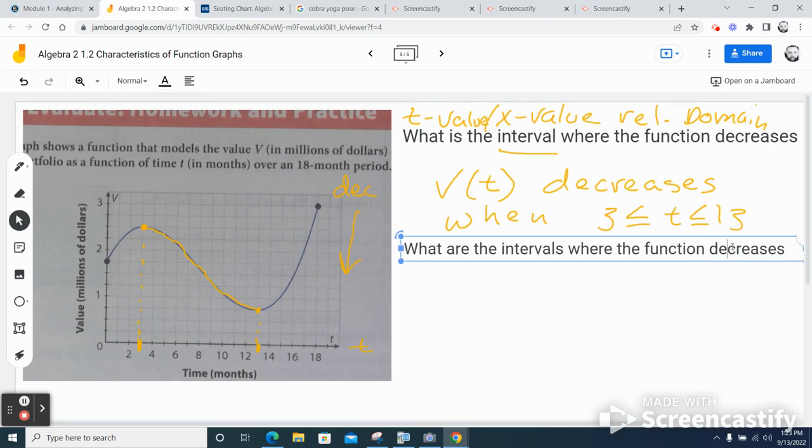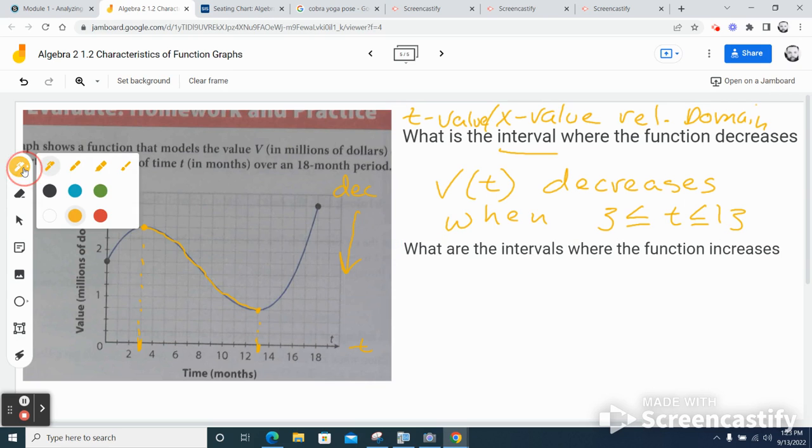Instead of decrease, what are we looking at? Increase, where the function increases. So this is more of the same. Remember when we talk about increasing, we're looking in the y direction for something that goes up. And maybe I should change the color so you can see a little better, right? So we're looking for stuff that goes up.